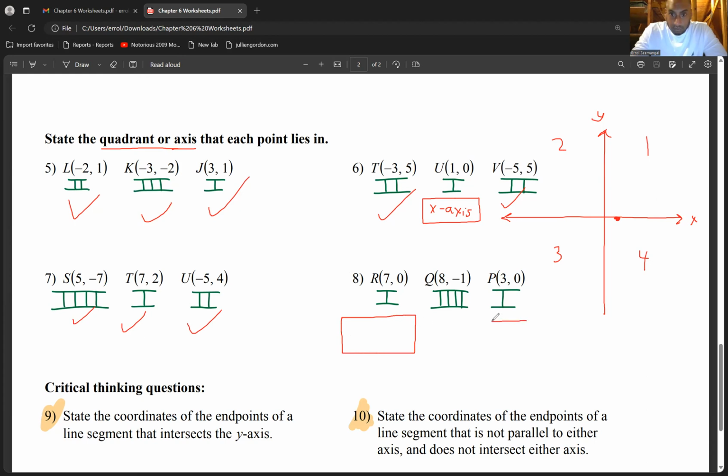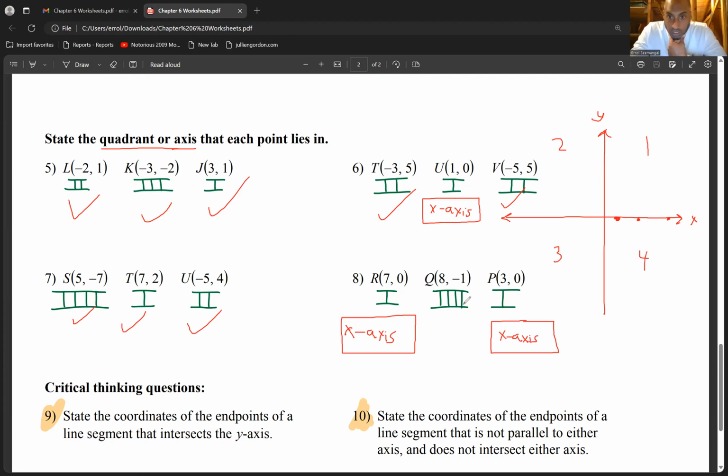What are we going to write on this one? X-axis. Yep, (7, 0) is somewhere right here, and (3, 0) is somewhere right here. So both of these are x-axis. Change this one to x-axis.